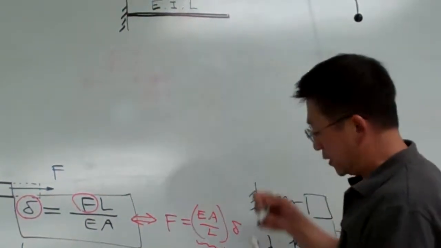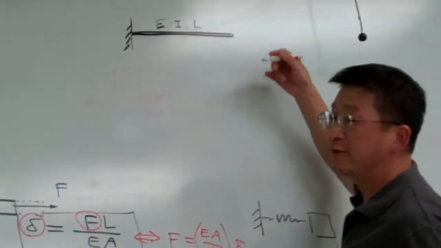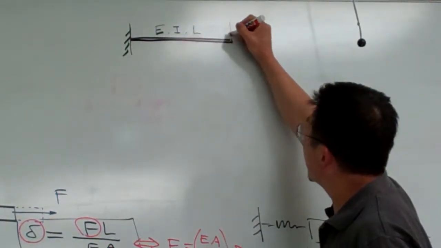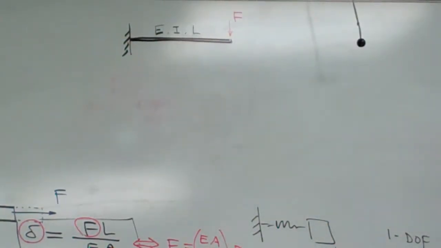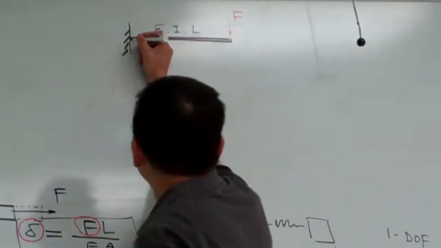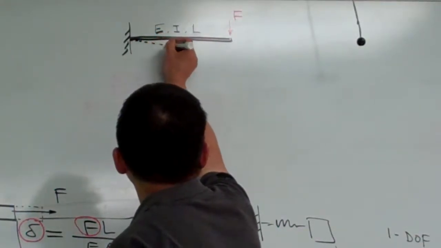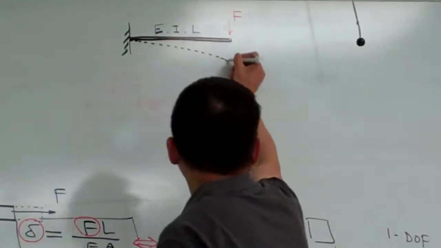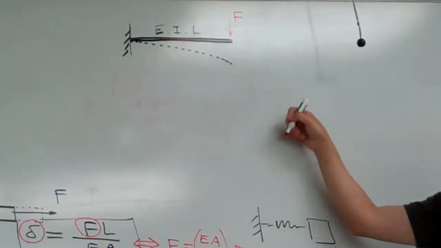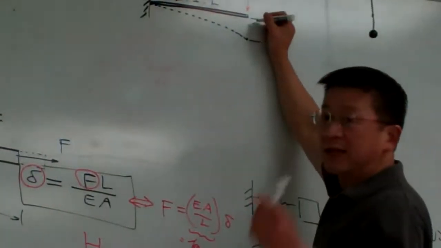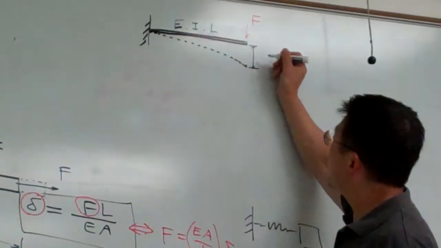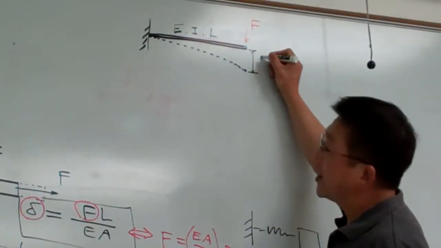And for this one, we apply a loading. For example, the loading applied at the free end here, with the magnitude F. Okay. And we know from mechanics material, this is going to deform, which means it's going to deflect. And from the tables of the mechanical material, we know that the maximum deflection happens where the loading is applied, at the free end.